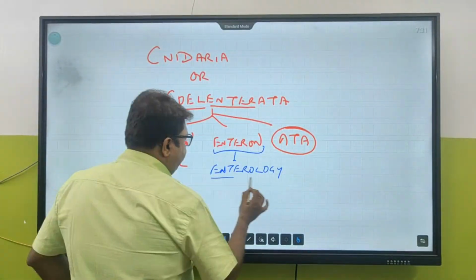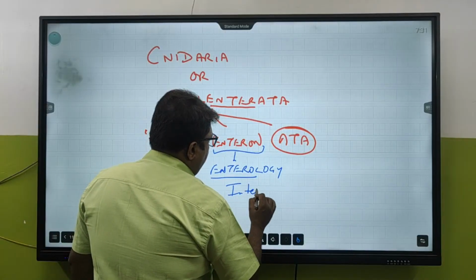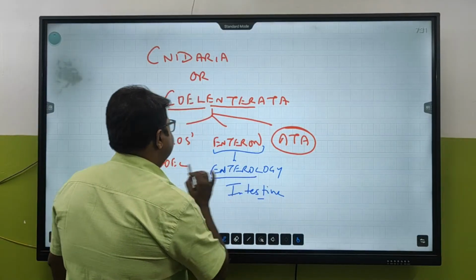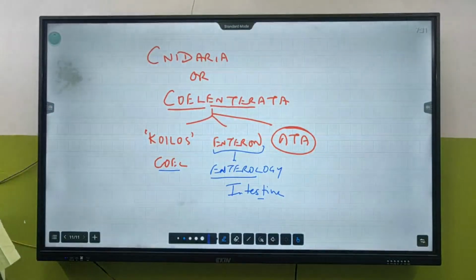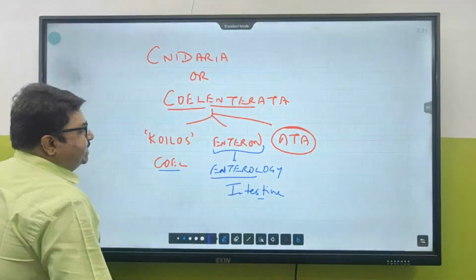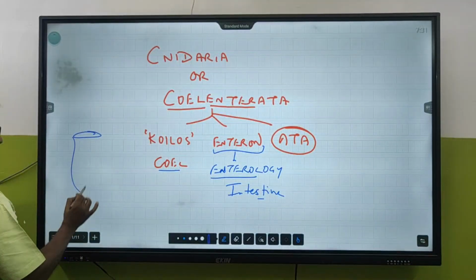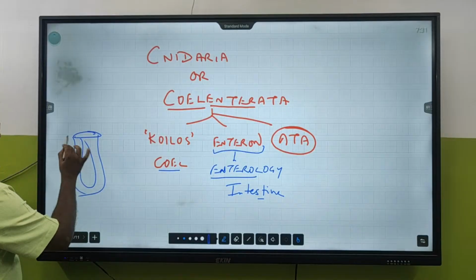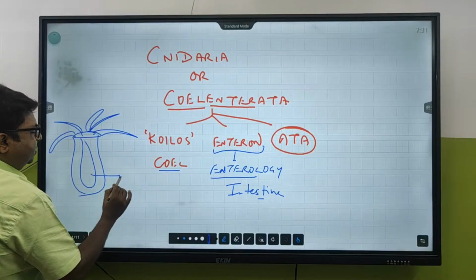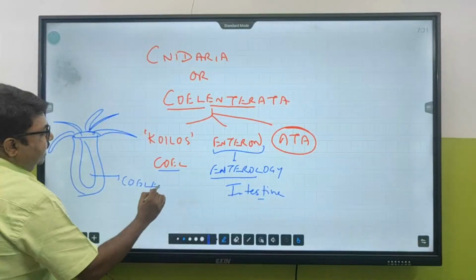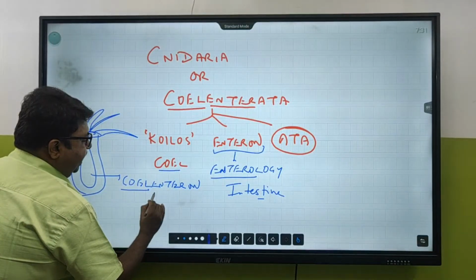So they have got a hollow type of intestine structure. Seal means cavity. That's why they are also called coelenterata. And the cavity is called coelenteron. Seal means cavity, enteron means intestine.